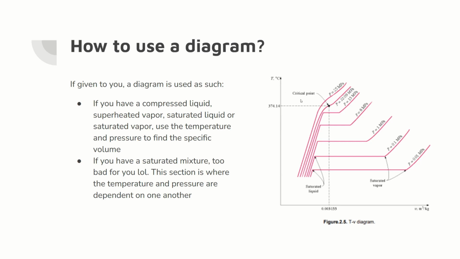So let's take here, for example, they have given an example for us at a temperature of 374.14 Celsius and a specific volume of this value right here. Within the bell curve at this specific pressure of 22.09 megapascal, you draw the line of the temperature horizontally. Right when it hits the bell curve, you go all the way down, and this is your specific volume.